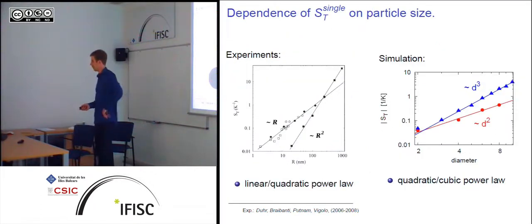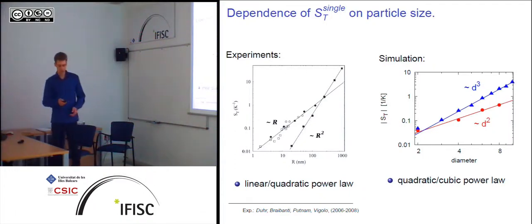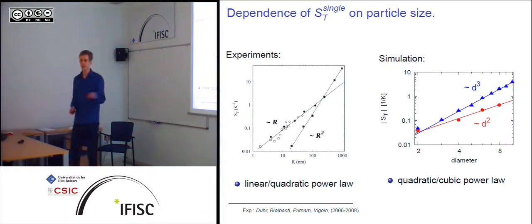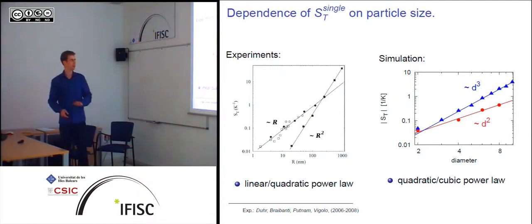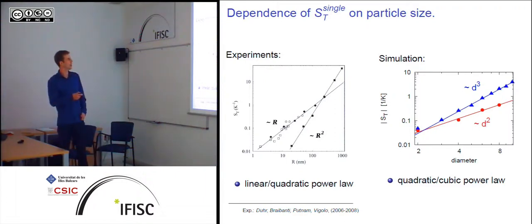Another important experimental fact that we want to analyze, so this previous result will maybe become more clear in the next slides. But now I want to mention another effect, which is the dependence of the Soret coefficient on the particle size.